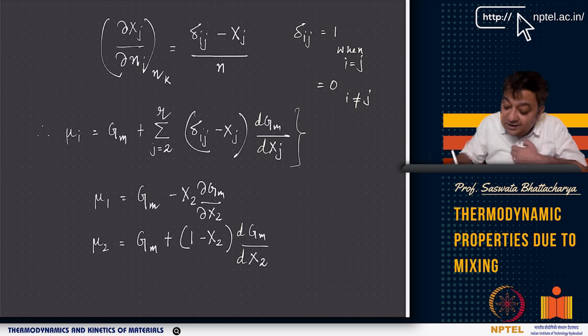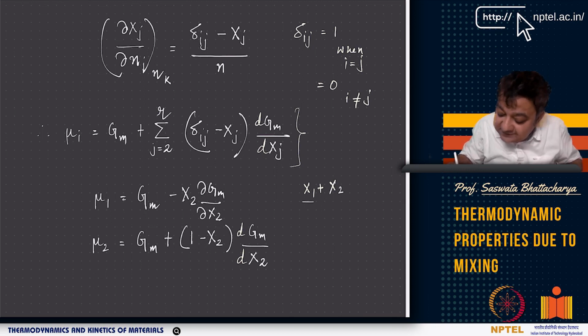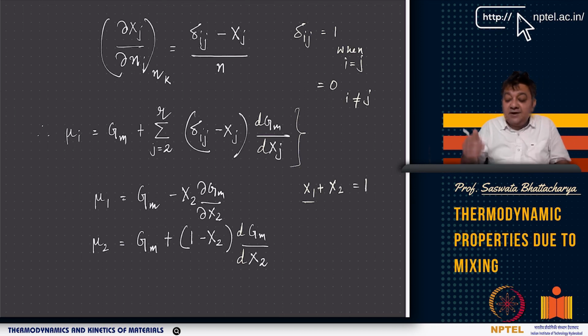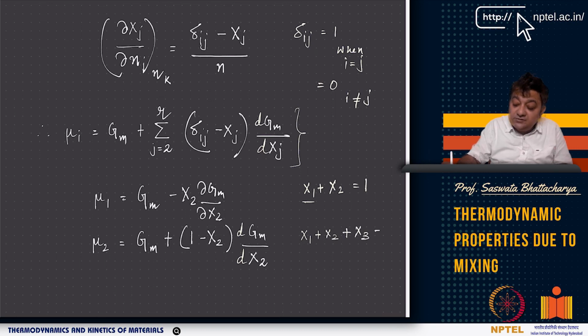If I want to fix x2 while varying x1, that is not possible, because x1 plus x2 equal to 1 for a binary system. But if x1 plus x2 plus x3 equal to 1, then this partial in general for multicomponent systems is possible, because x2 and x3 are independent, not x1. One of them is not.